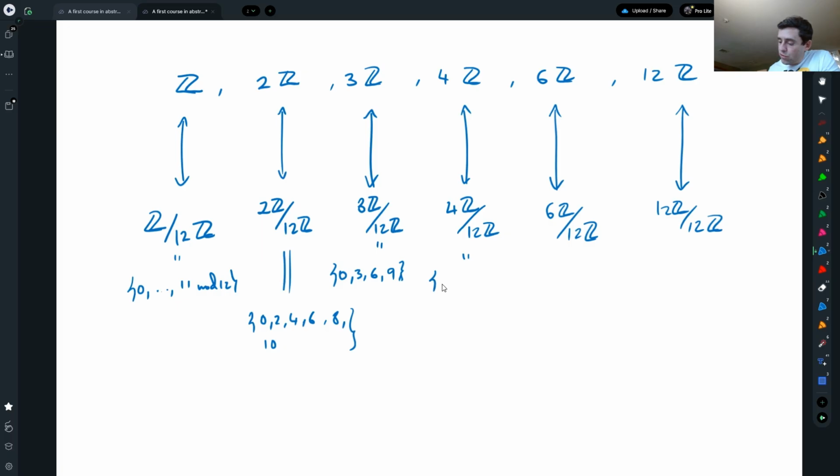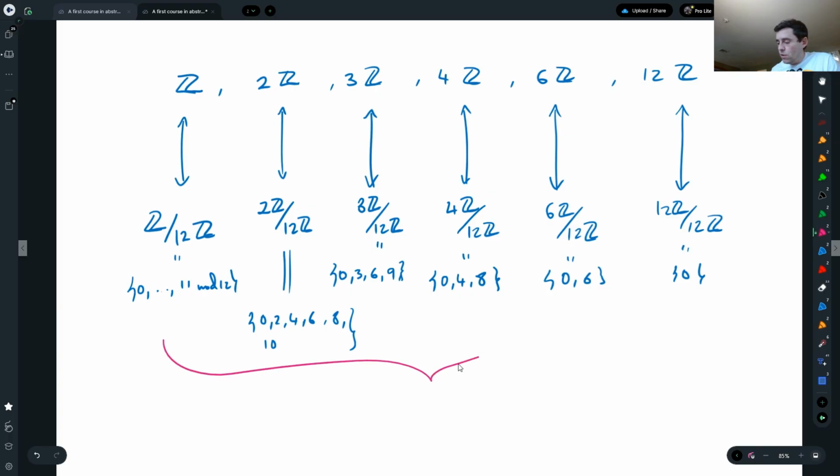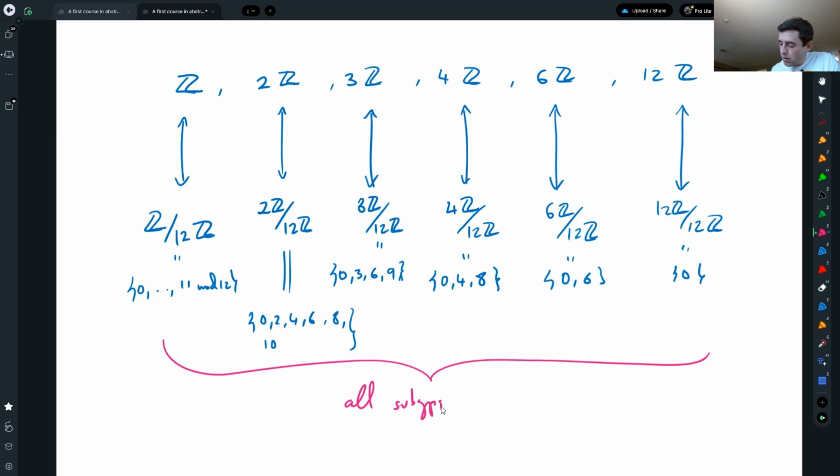These are the multiples of 4: 0, 4, 8, and then 12. These are the multiples of 6, so 0 and 6. And these are the multiples of 12. 12 is 0, so this is just the trivial subgroup. So these are precisely all the subgroups of Z modulo 12Z, and we found them using the correspondence theorem.